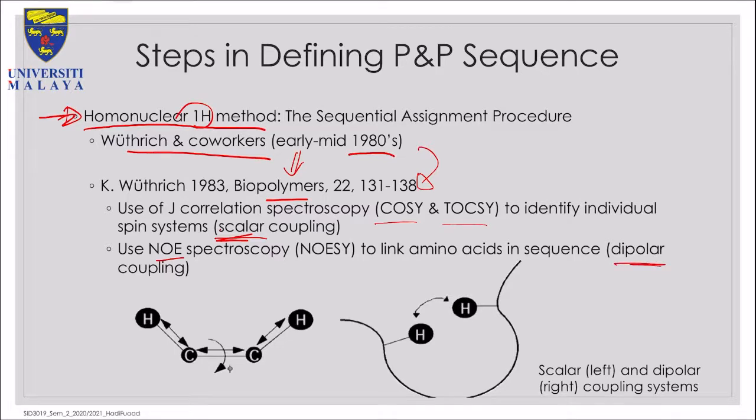So what are the differences between scalar and dipolar? Scalar is connecting through bonds, and dipolar is a connection through space. Of course, for NMR, the backbone needs to be connected, otherwise it will be a messy NMR altogether. But imagine in 1983, so it was a long time ago, that these brilliant scientists managed to develop methods to actually identify and look at protein and peptides.